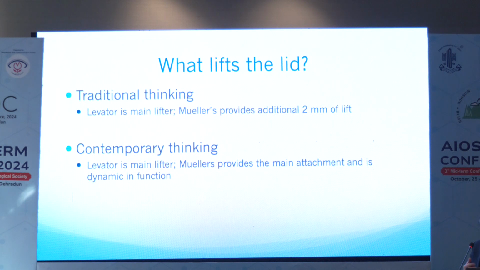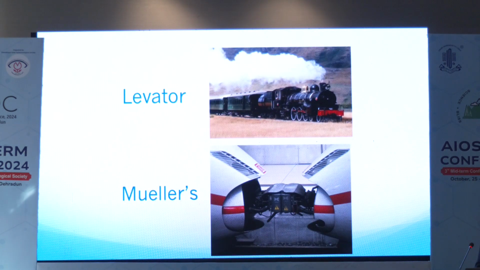So it's very dynamic. It's constantly changing tension that we achieve. Another way to look at it is the levator is the locomotive that drives the train, and Mueller's muscle is the linkage between the locomotive and the rest of the train. And as patients age, this rubber band gets stretched out. And certainly that's something that we can address.